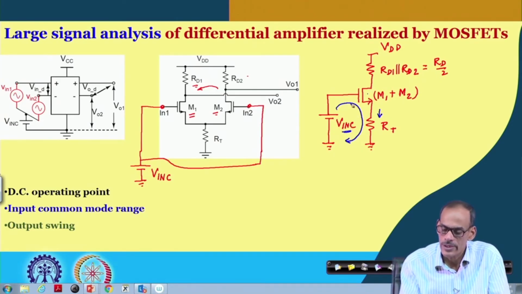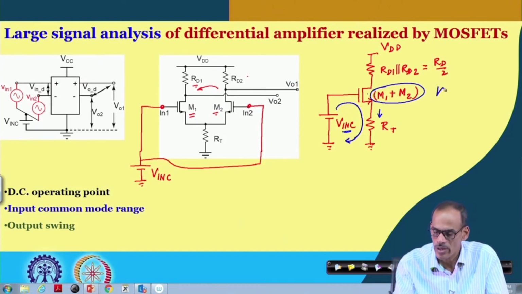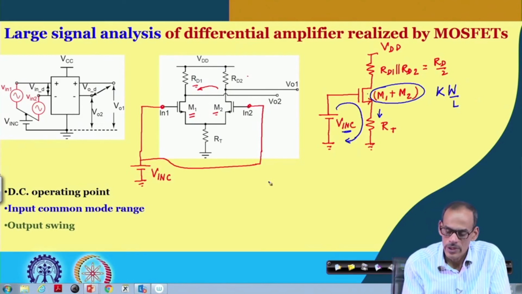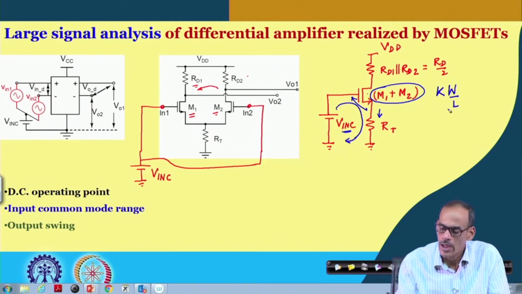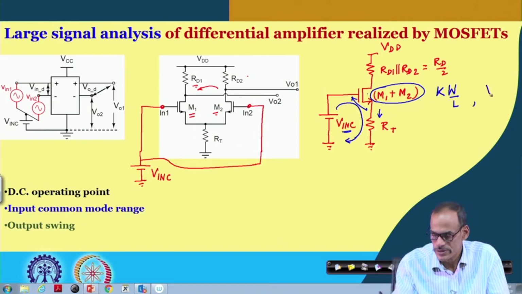So, if you analyze this circuit, suppose the combined transistors have a transconductance factor of say K W by L, and it has VGS, and its threshold voltage is given to us.